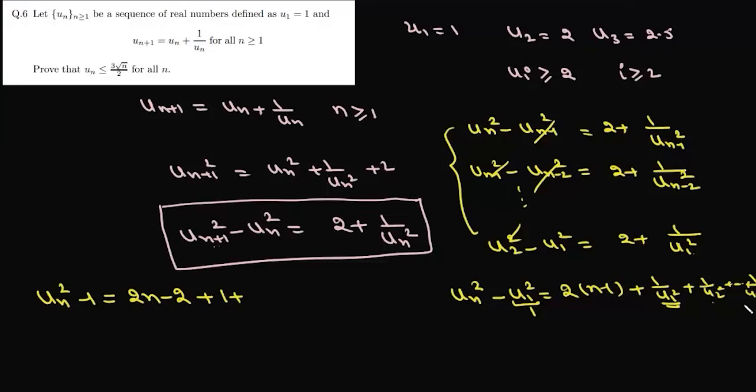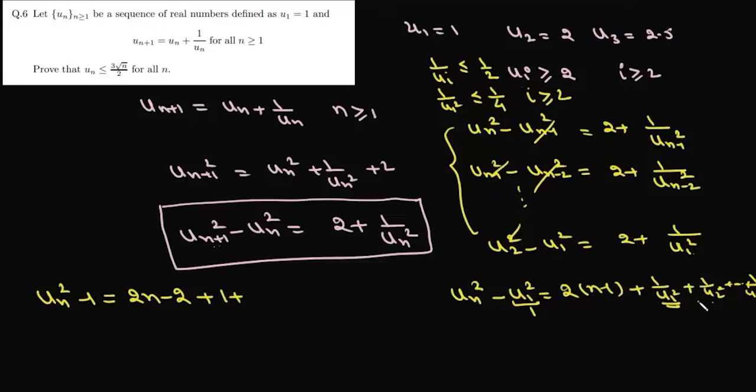We know that any ui is greater than or equal to 2 when i is greater than or equal to 2. So 1 upon ui will be less than or equal to 1 upon 2, or 1 upon ui square will be less than or equal to 1 by 4 for any i greater than or equal to 2.